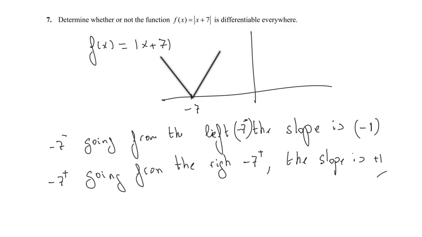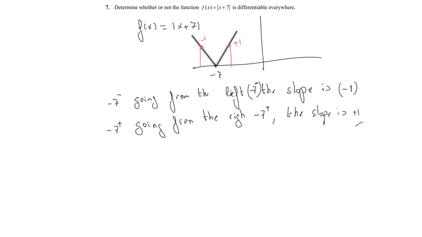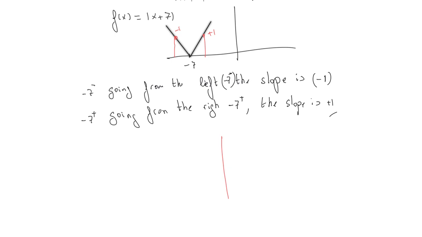At a point to the left, for example, the slope is minus 1. At a point to the right, the slope is plus 1. So the slope does like this. This is the point minus 7. At the right of minus 7, the slope is plus 1.